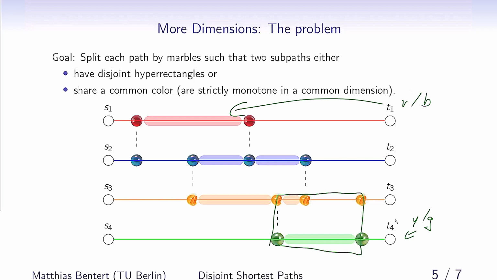But these two have to be solved on the same DAG, but there is no color that is common to both of those. So this was one of the main obstacles we had to overcome. Our solution to this problem is to introduce even more marbles.